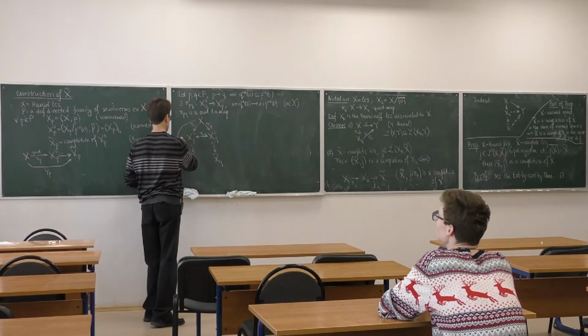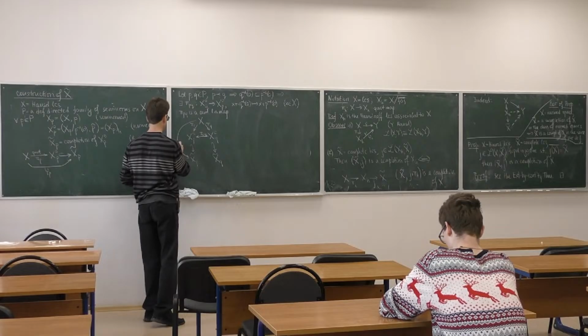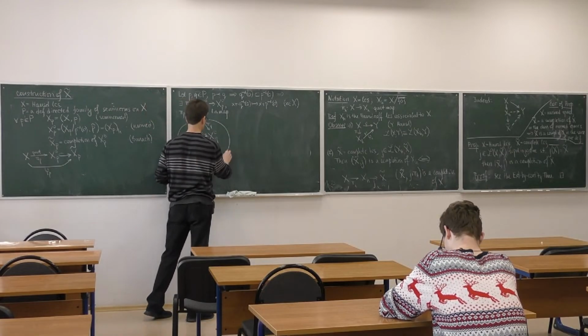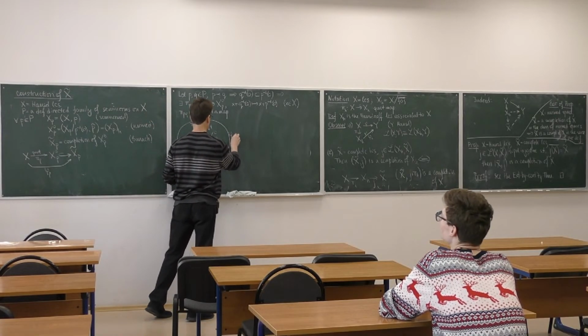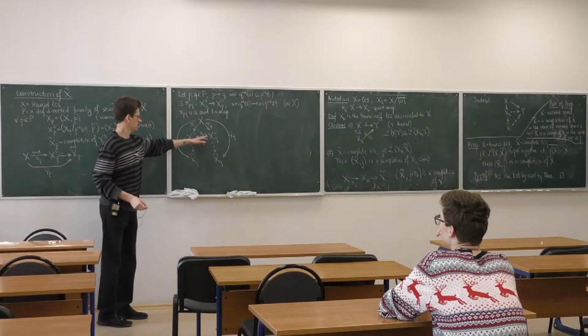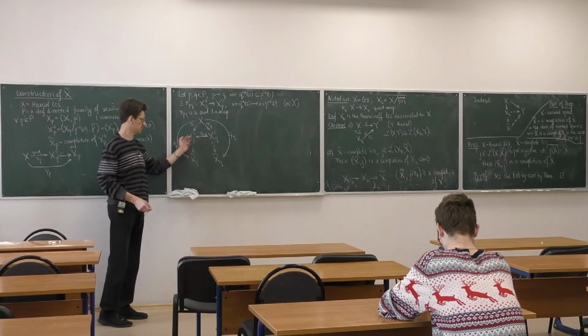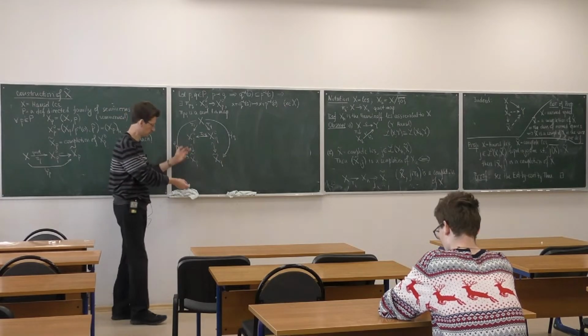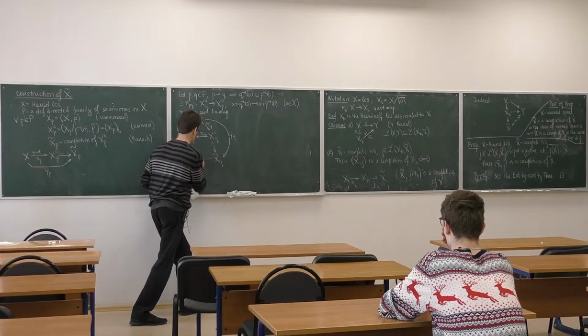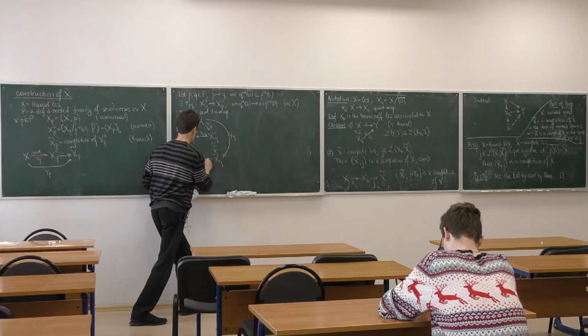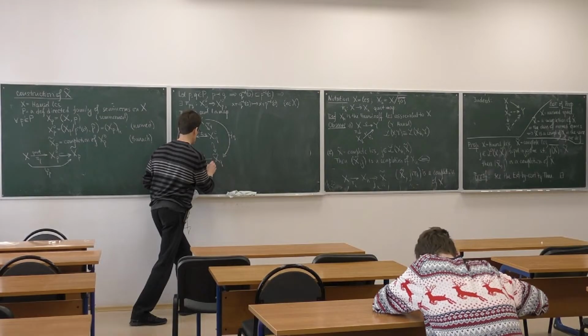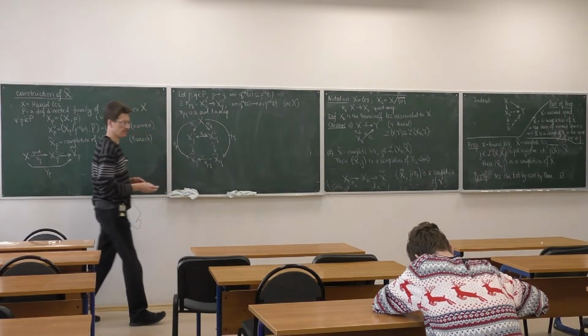So this composition is phi_p, and this composition is phi_q. And since pi_pq is a continuous linear map between normed spaces, we can uniquely extend it to the completions, and we get a unique continuous linear map phi_pq such that this diagram is commutative.